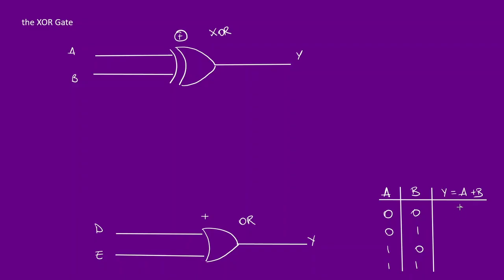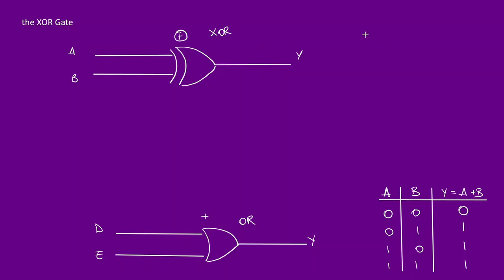The simple OR function would be high if either of our inputs is high, which means in the case where both inputs are high, it still gives you a high value. But once neither one of them is on, you're going to get 0, which is the only case you're going to get 0.